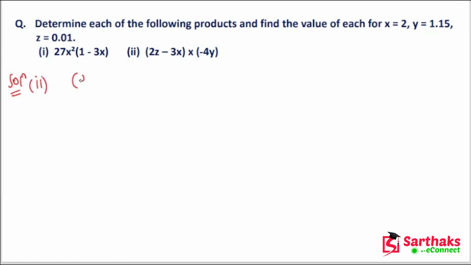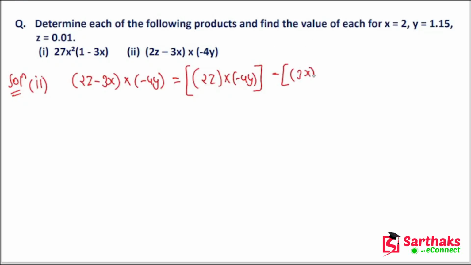First of all, you have to carry out the product. Then we have to find the value. And this contains x, y, z, all three. Into minus 4y. So it would be 2z into minus 4y, minus 3x into minus 4y.